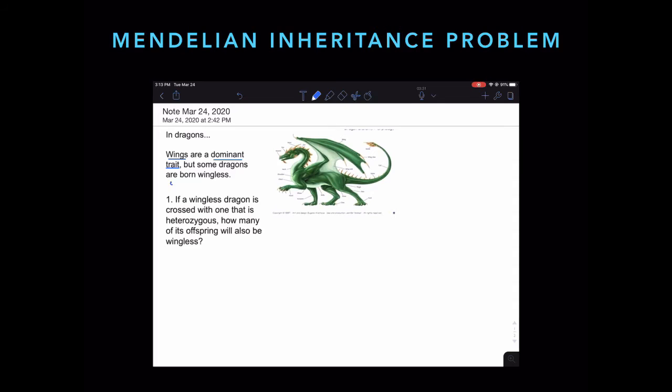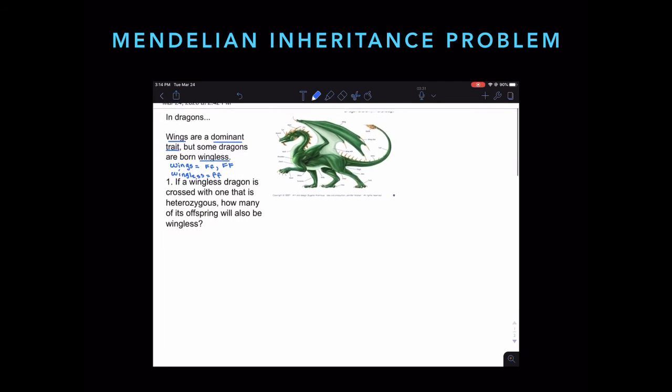So the dominant trait would then be the wings, which is Ff heterozygous and FF homozygous dominant. The wingless would then be the recessive trait. I would write ff homozygous recessive.